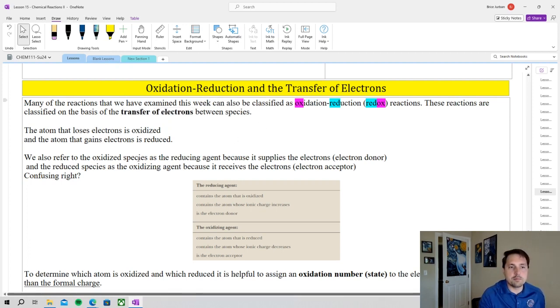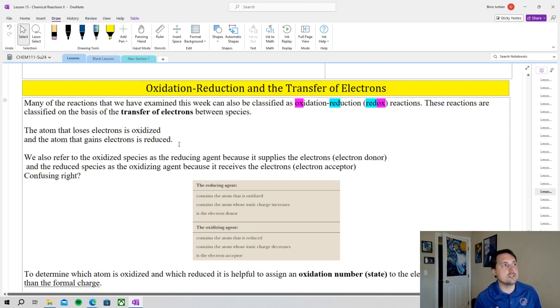The atom that loses electrons during a transfer is referred to as the one that's oxidized. And so this is a definition. So if you lose electrons, that atom becomes oxidized, whereas the atom that gains electrons is reduced.